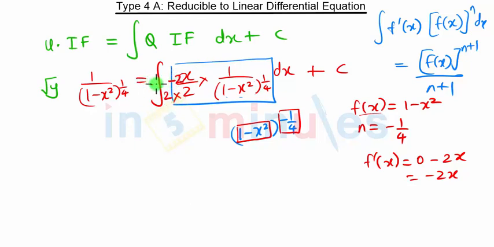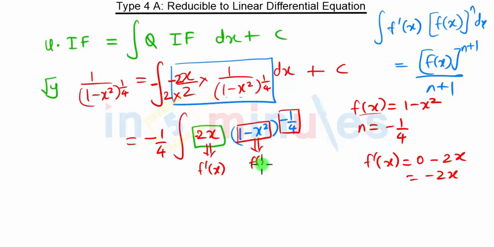So 1 minus here and 1 minus here. So this will become minus 1 upon 2 into 2, which will become 4, into 2x. So this part, and this minus sign also, is nothing but f dash of x. This part is nothing but f of x the whole raised to n.